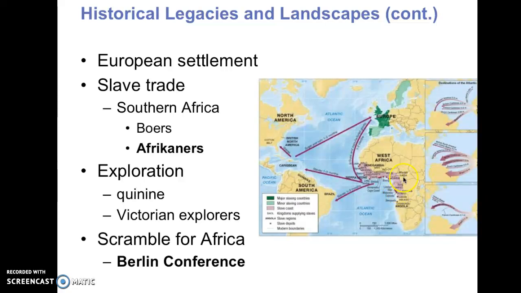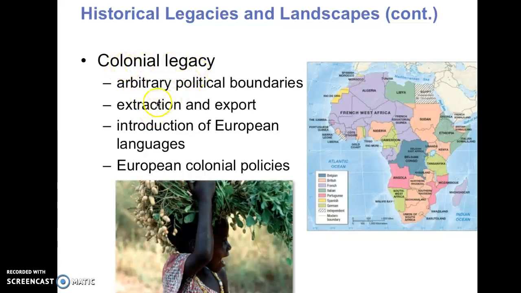So in Rwanda, you saw it between two tribes, and this genocide continues throughout this region because it has not really outlived its colonial legacy. The colonial legacy is those arbitrary political boundaries that you see here.